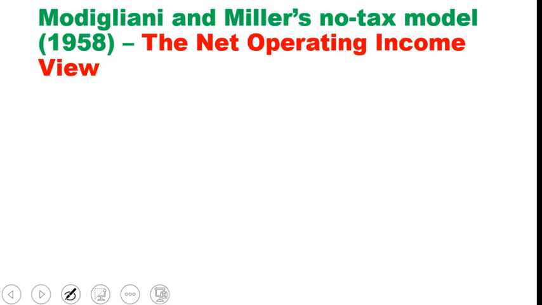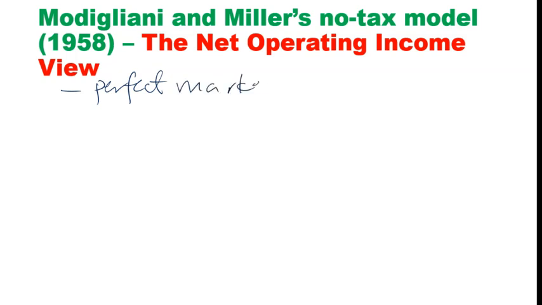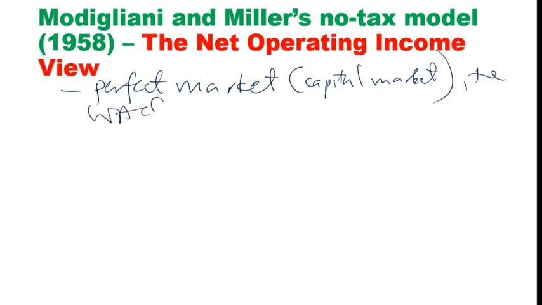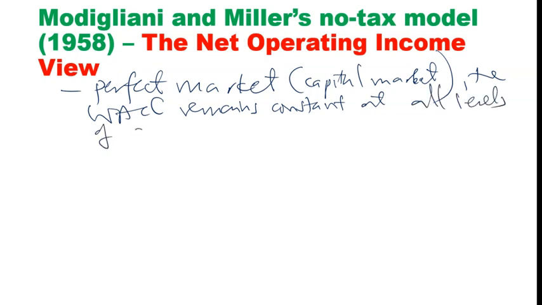In 1958, Modigliani and Miller stated that assuming a perfect market, and when you're talking of market, we are referring to capital markets, and ignoring taxation, the WACC of a firm remains constant at all levels of gearing.